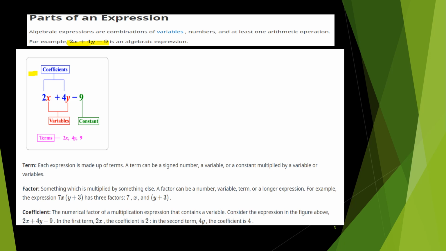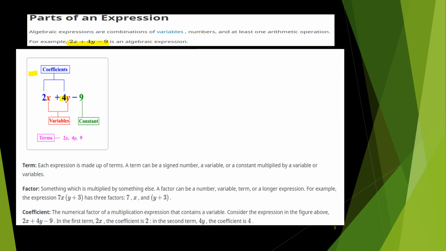What are coefficients? 2 and 4, and 9 is a constant. Now you may ask why 9 is a constant and why 2 and 4 are coefficients. Because when a constant is multiplied with a variable, it is called a coefficient. So what is the coefficient of x? That is 2. What is the coefficient of y? That is 4.